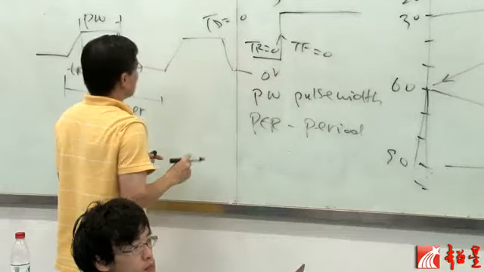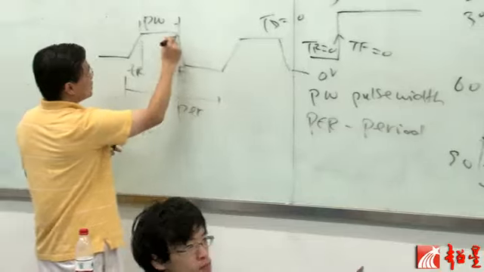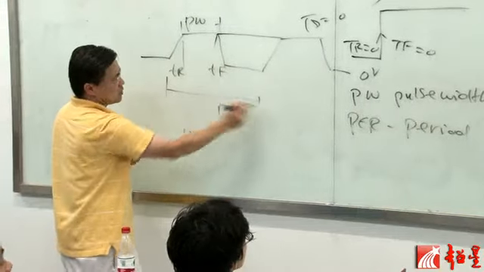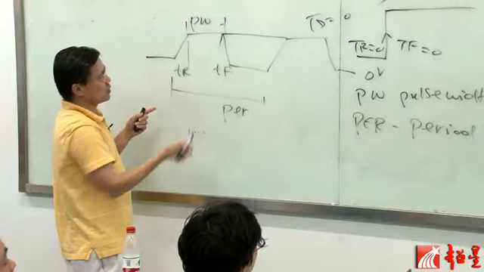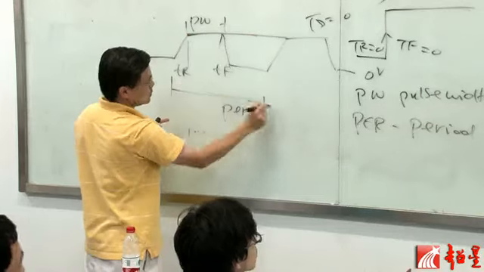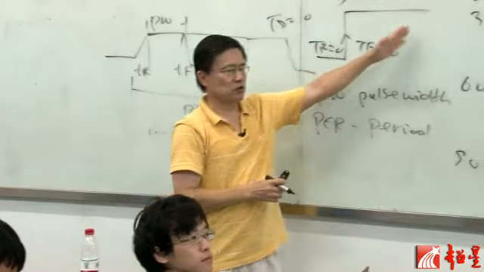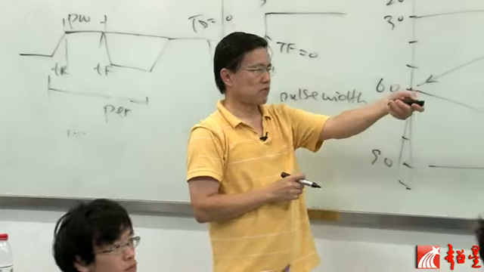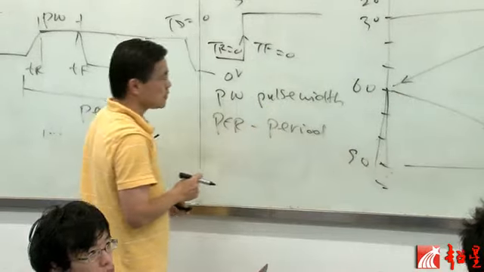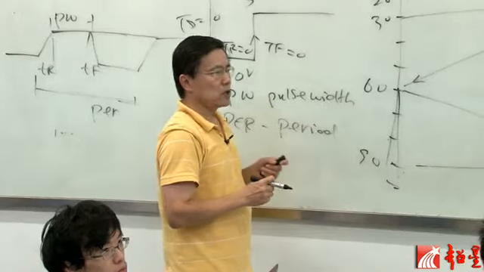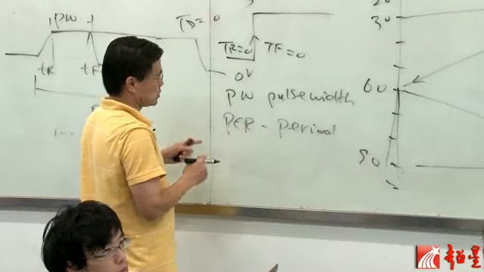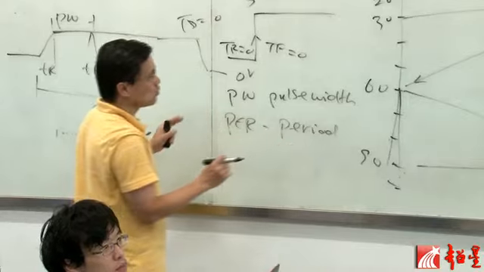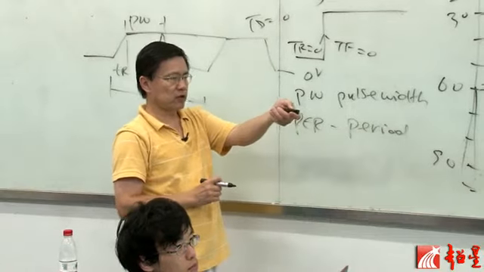So that's why I made the pulse width and period the same. If the pulse width and period are the same, I have only a step function. I don't have a square wave. Also, when you simulate, the simulation time interval should be less than 100 nanoseconds.